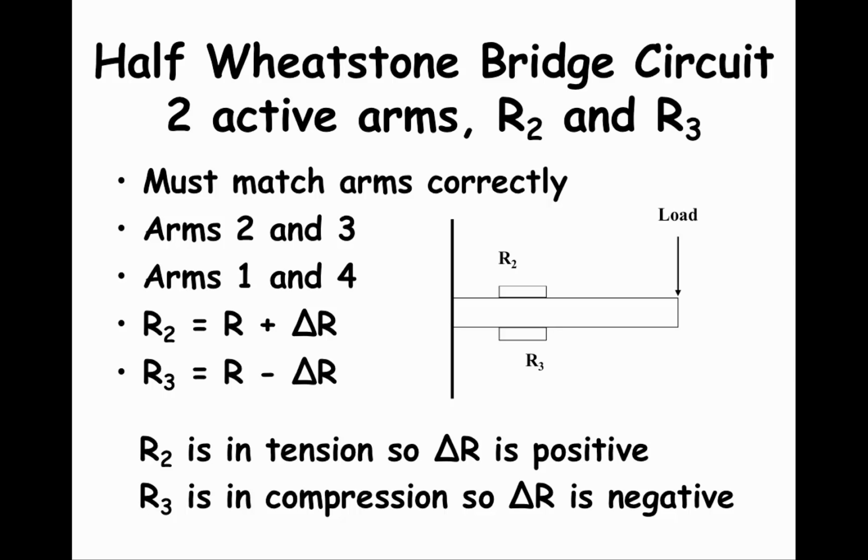They will have a constant resistance R. The strain gauge on top, R3, will be in tension, so the resistance will increase to R plus delta R. The strain gauge on the bottom, R2, will be in compression, so the resistance will decrease and be R minus delta R. These match the variables we used in the development of the equation for half-bridge Wheatstone bridge circuits with 2 active arms.